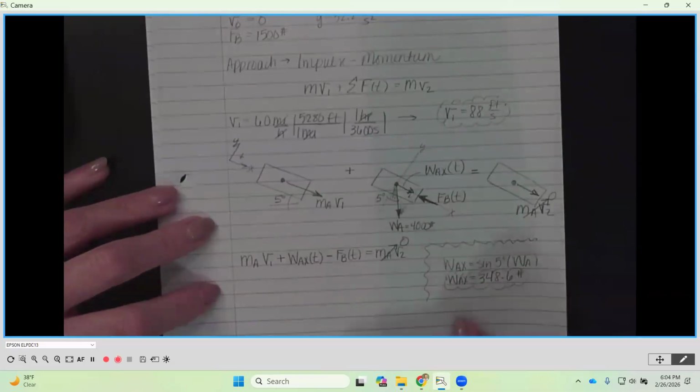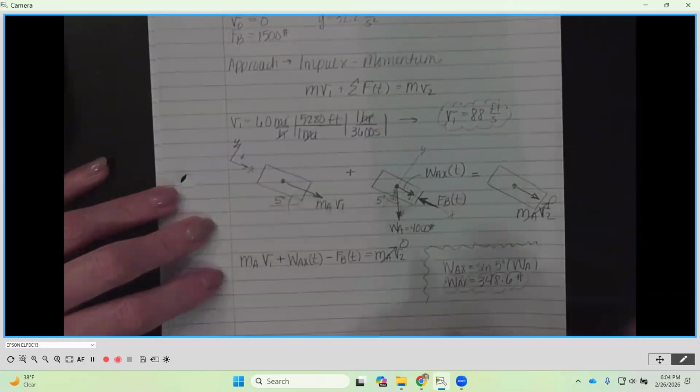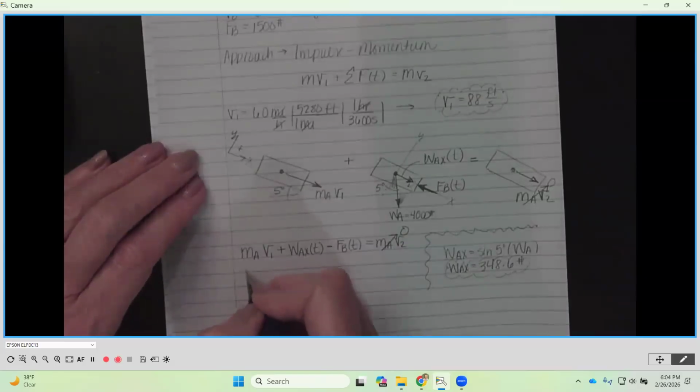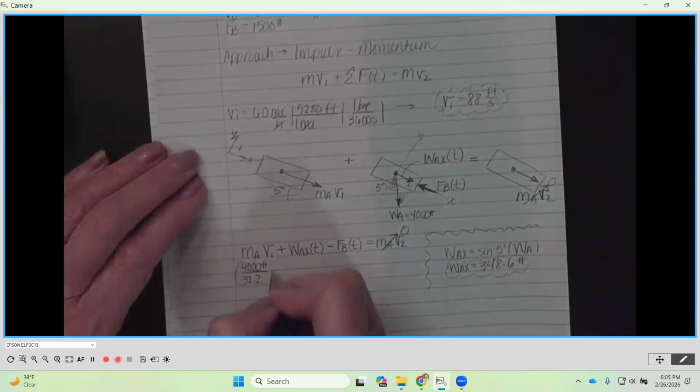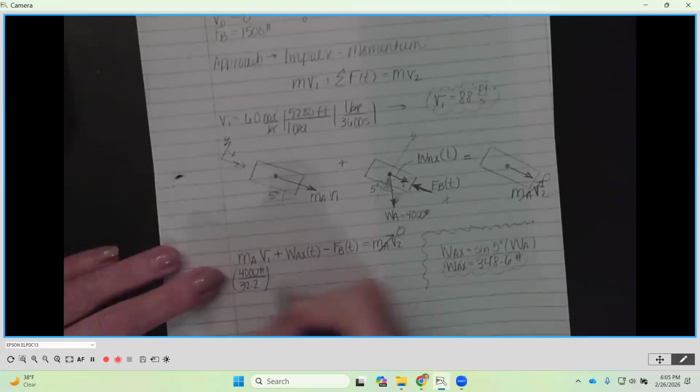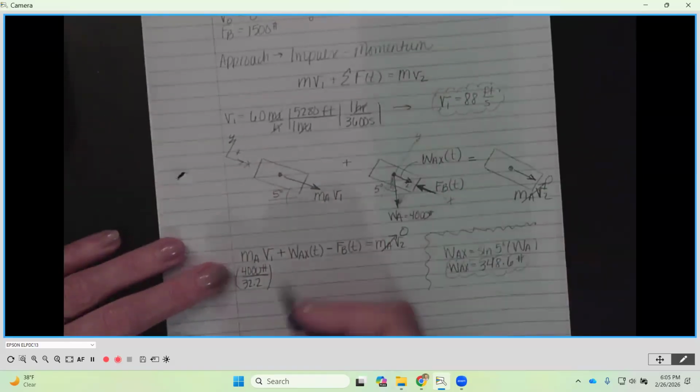Now we can plug our values in. The mass of our automobile is going to be the 4,000 pounds divided by gravity. So we're going to have 4,000 pounds divided by 32.2 multiplied by velocity 1, which we know to be 88 feet per second.